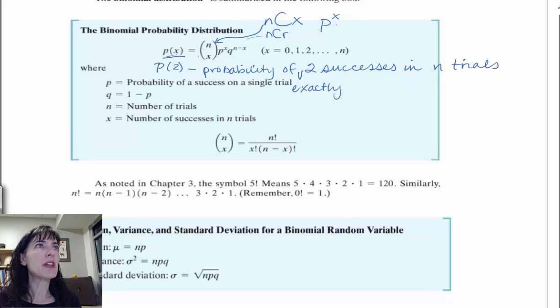And then we have the q to the n minus x.